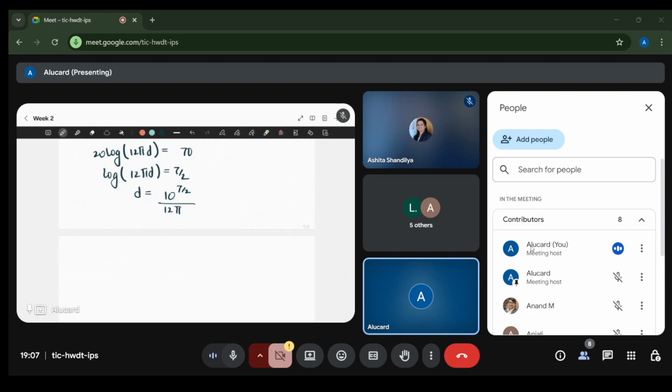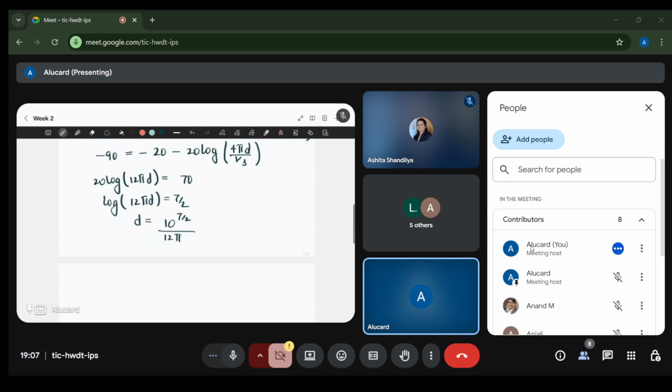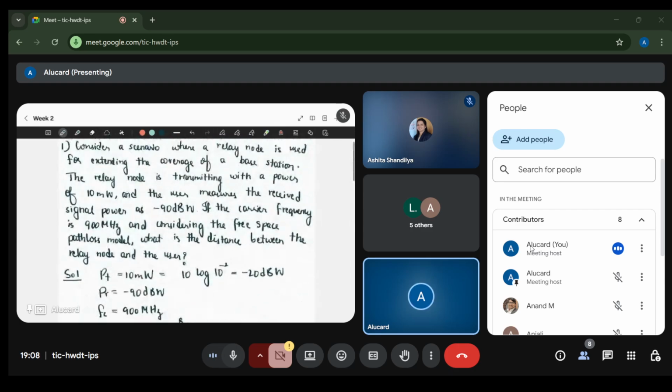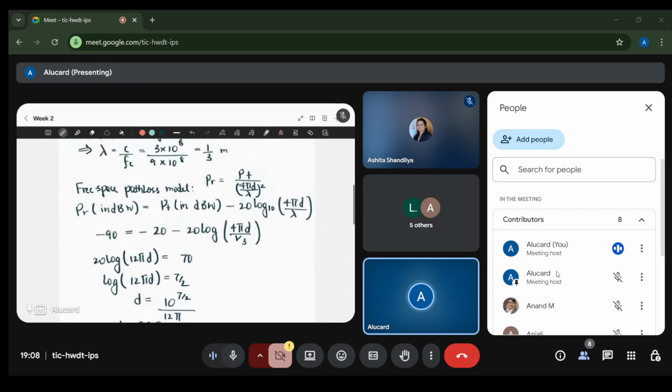If you put that in a calculator, you will get d, and d here is in meters. I'll leave the calculation part to you. You can verify that you get 83.8 meters. Derivation for this formula was done in class.